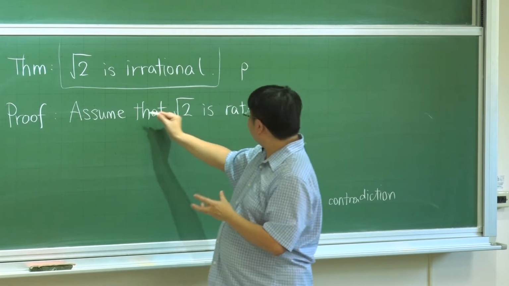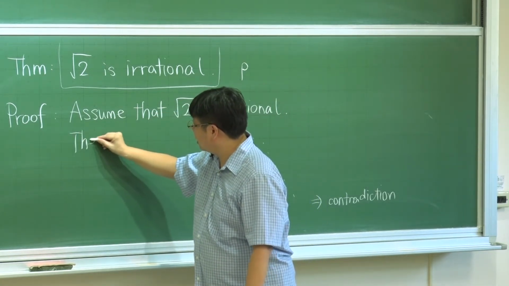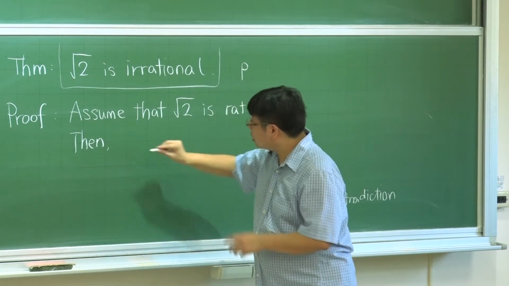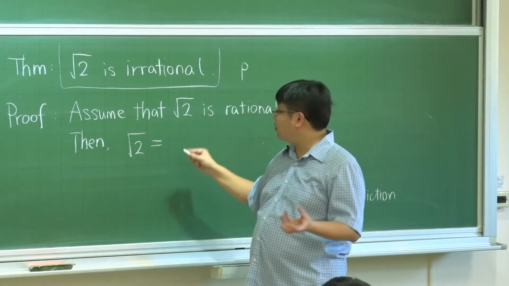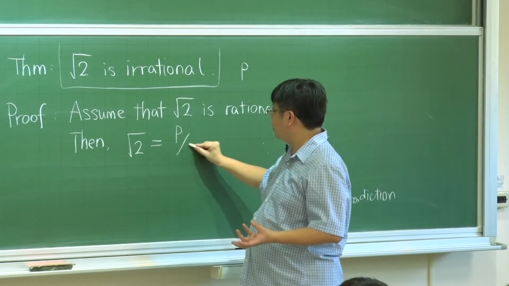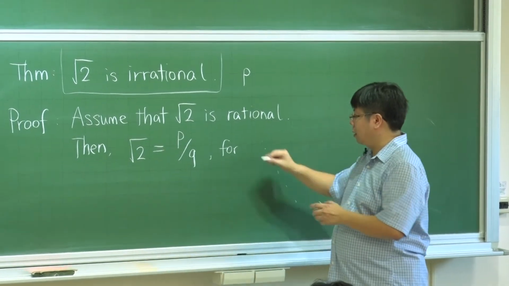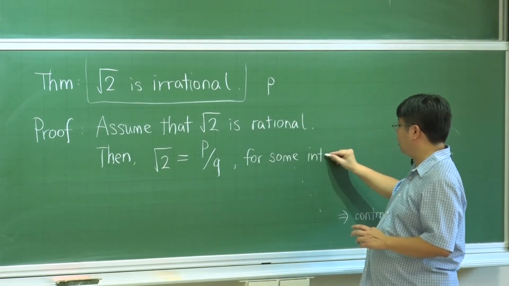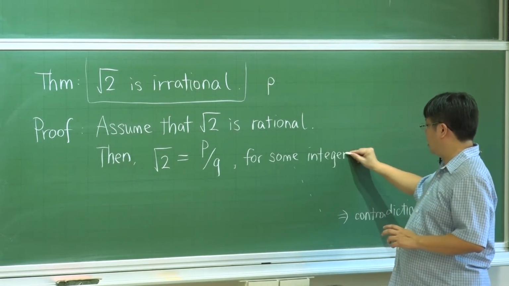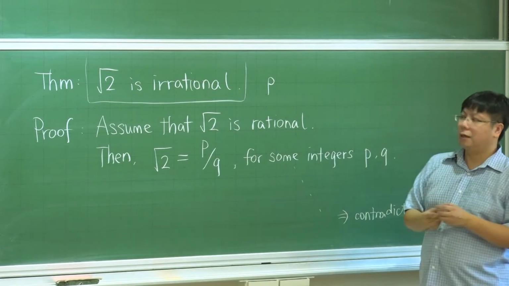So if this is true, then square root 2 can really be written down as a ratio of two integers, P over Q, for some integers P and Q. Is that okay?